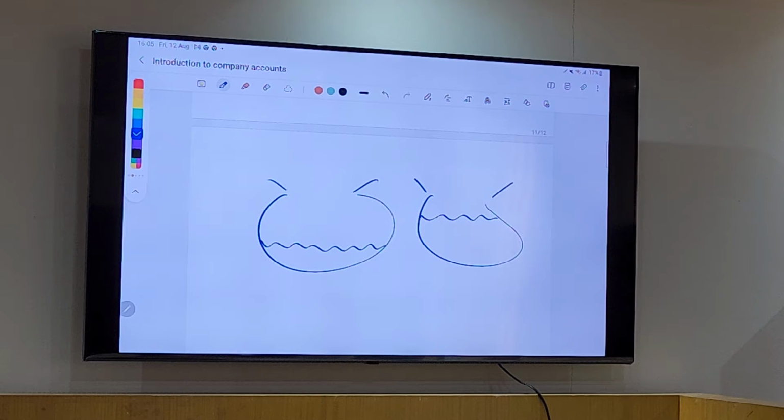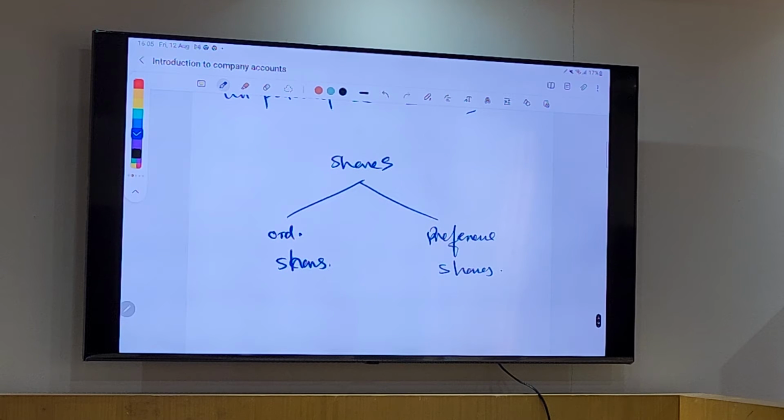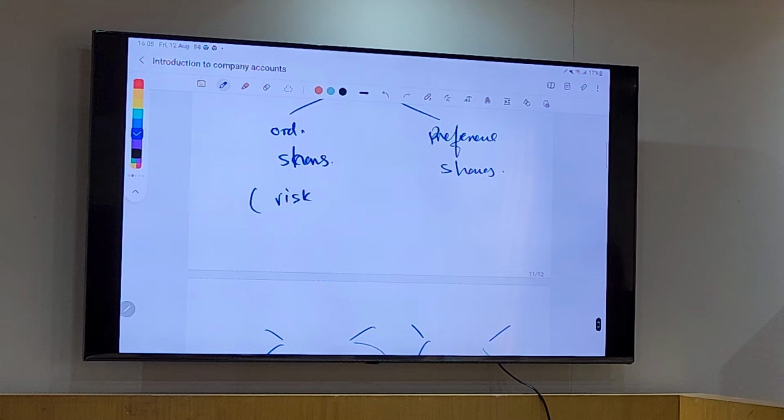So in a company, when you talk about the types of shares, there are 2 types of shares. One is ordinary shares, the other one is preference shares. These people are those who take risk. When you start the business, you have to accept the result of the business after making sure all others' rights have been paid: employees, government, creditors, other stakeholders, auditors, bankers.